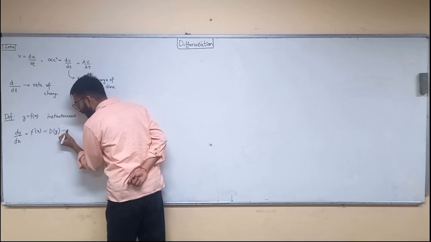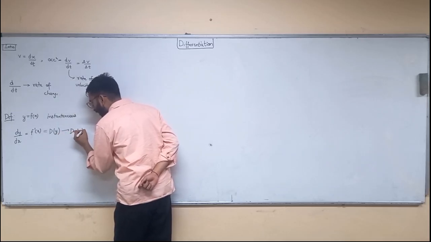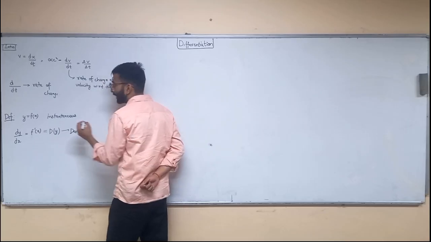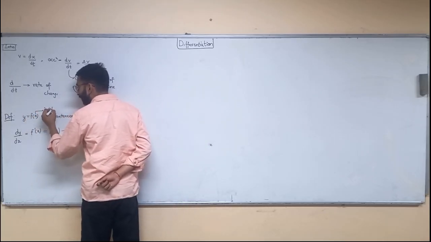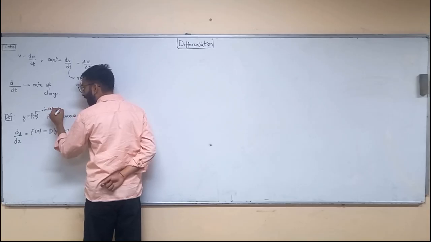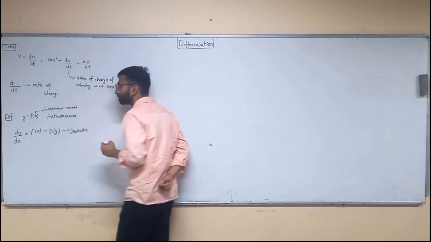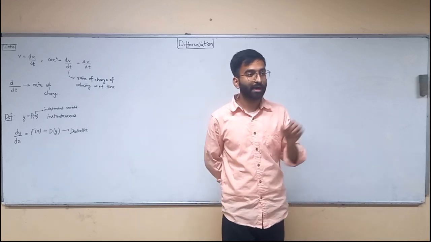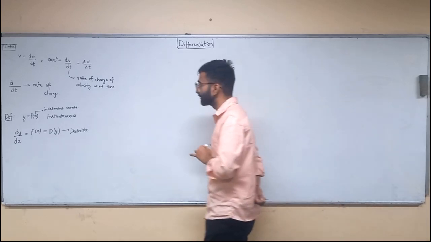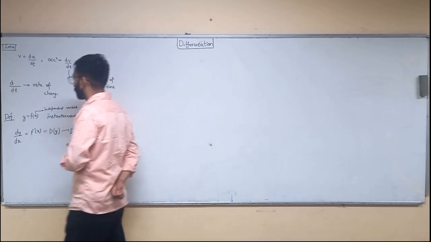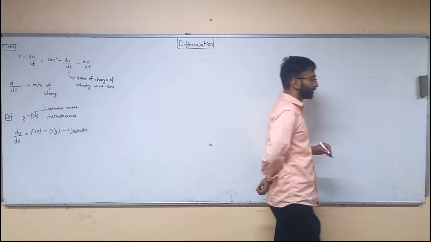This is called the derivative. Here x is known as the independent variable. We have already studied this in the functions chapter: x is the independent variable and y is the dependent variable, right? So all of you have written the definition, right?